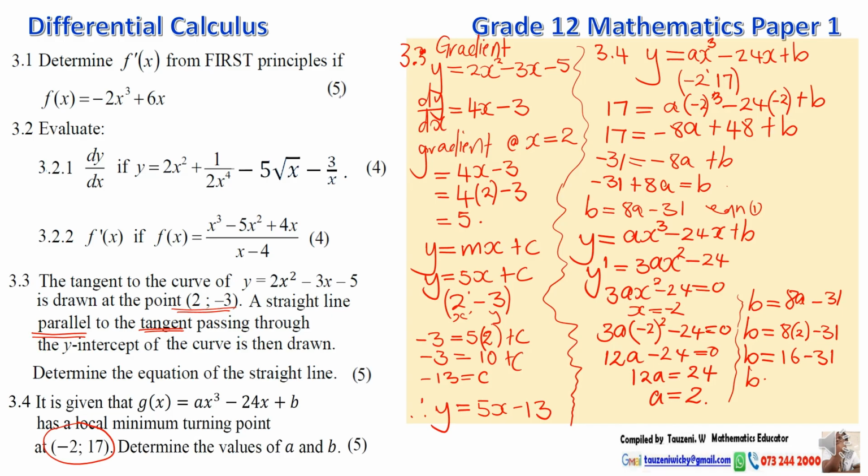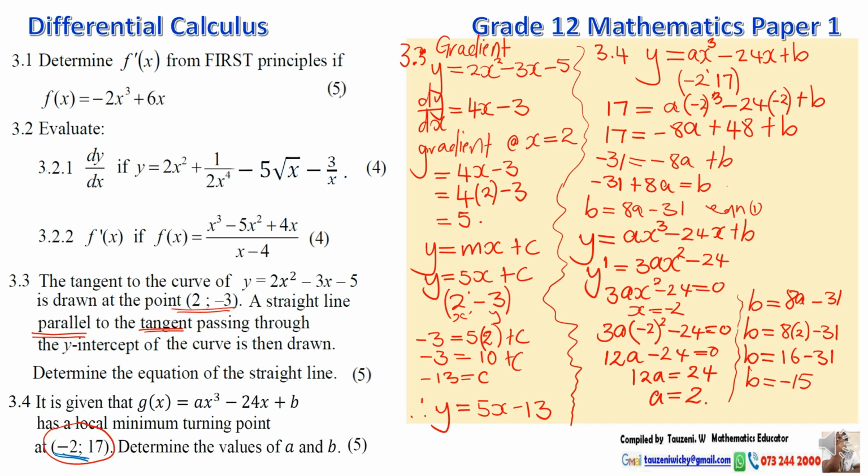Then our question is answered for number 3.4. So let's quickly have a summary of number 3.4 especially. Now we are told that these coordinates -2, 17, are coordinates of a local minimum point.